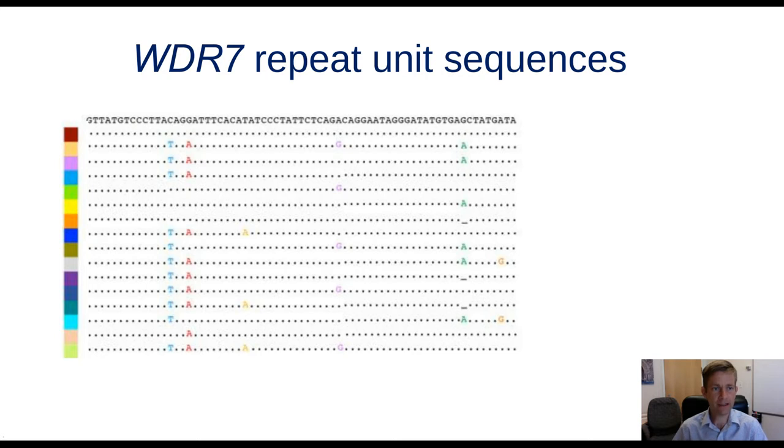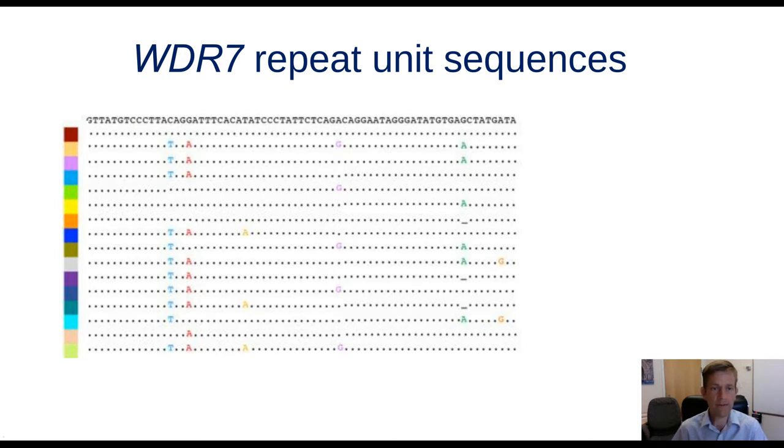There are 6 positions where there are base pair changes throughout the repeat. So what we did was convert this to a single color for each of the 16 most common repeat sequences that we observed. You can see each one has a different combination of these internal 6 variants.